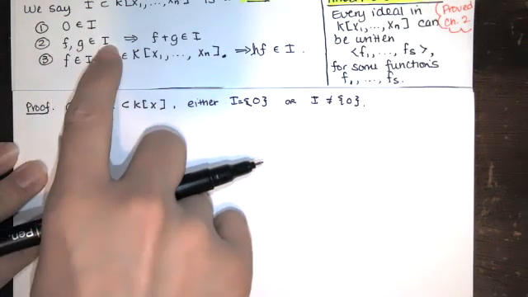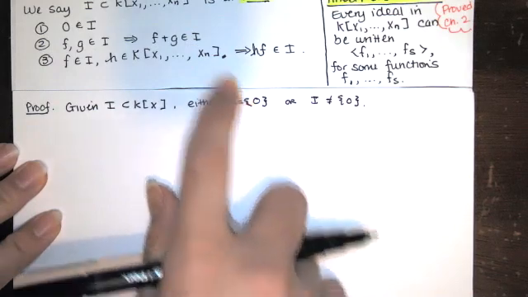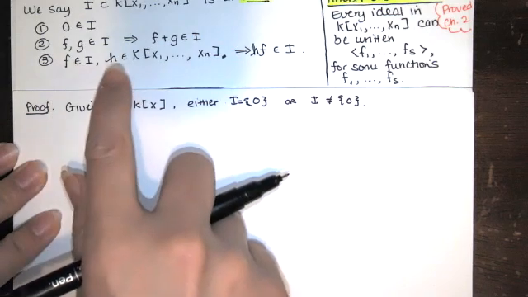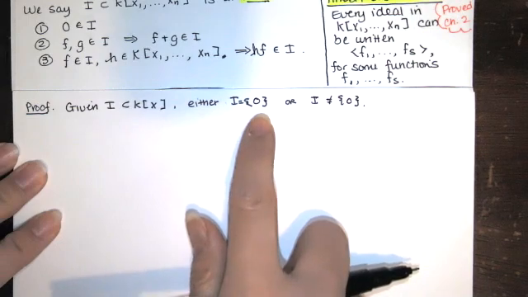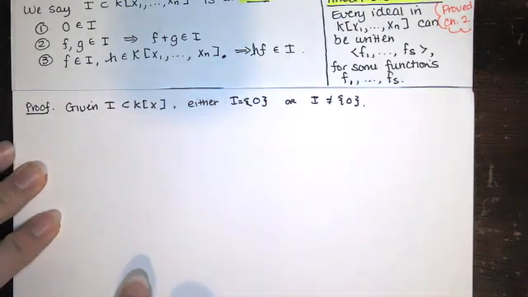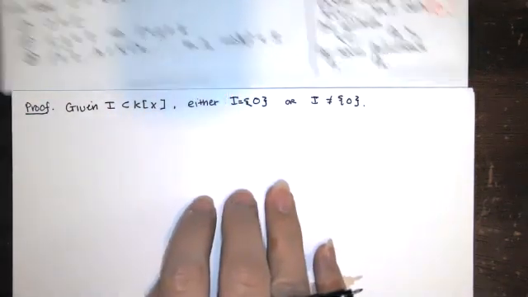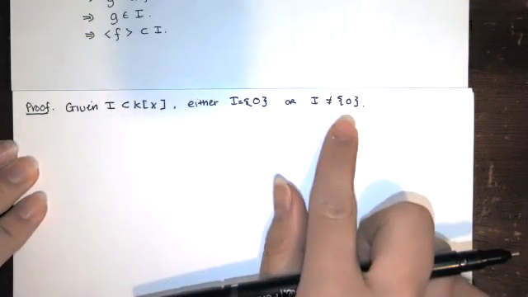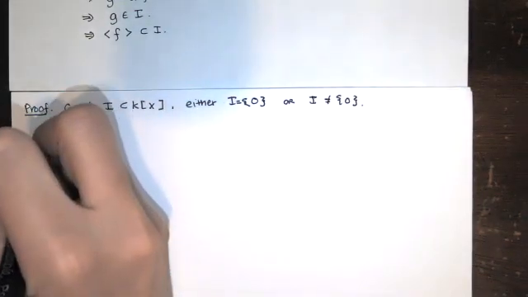If there are any two polynomials in I, their sum is in I. Well, there are no two polynomials, but obviously 0 plus 0 is in I. And if you take any polynomial in I and multiply it by h, that's going to be in I. Well, if there's only one polynomial in I, and that's 0, 0 times h is 0, and of course 0 is still in I. So this satisfies the criteria for an ideal. So we're either going to be in this case or in the more interesting case over here. Let's handle the less interesting case first.